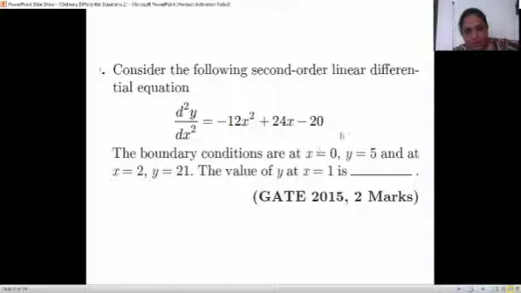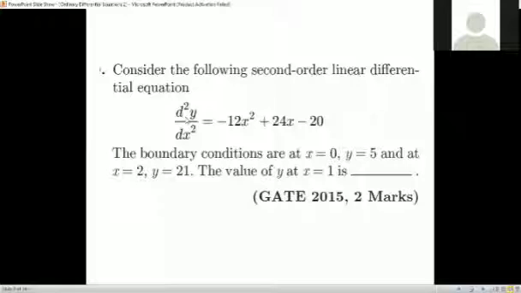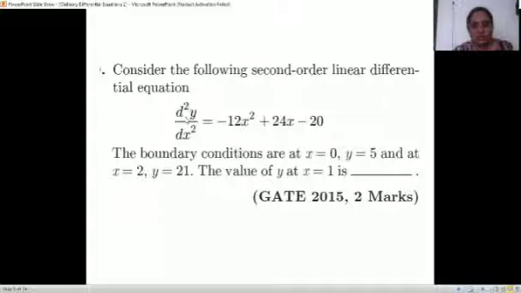In that, the first is e raised to x, second sine cos, third is hyperbolic, fourth is polynomial, then e raised to x into v, x into v, and x raised to m cos and x raised to m sine. Then which is this? Polynomial. It is a polynomial case. Very good. This is a polynomial case, and whether it is a polynomial case or any other case, if there is a function on the right hand side, we have to find the complementary function and particular integral, right?